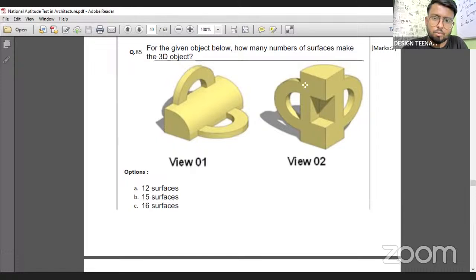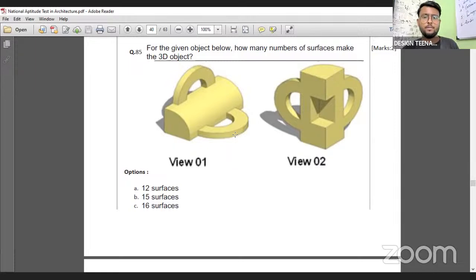Or did I count something more? Wait. 1 over here, 2 over here, 2 surfaces, 3 and 4, 5 and 6, 7 and 8. After that, 9 as a whole, 10, 11, 12, 13, 14, 15. No, 15 surfaces only. It was my mistake.